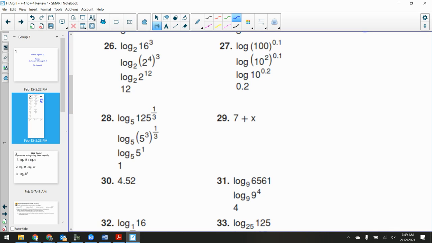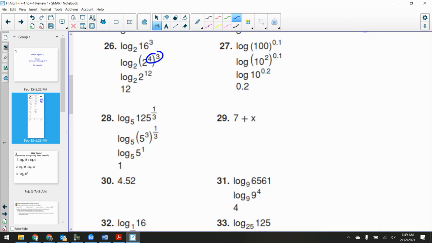I think that's funky. They took 16 and made it 2 to the 4th power, which is 16. That's not wrong. Then they said, what power to a power will multiply? So if I've got 16 to the 3rd, that's 2 to the 12th. And we know log base 2 of 2 will cancel. So log base 2 of 2 to the 12th will just be 12.